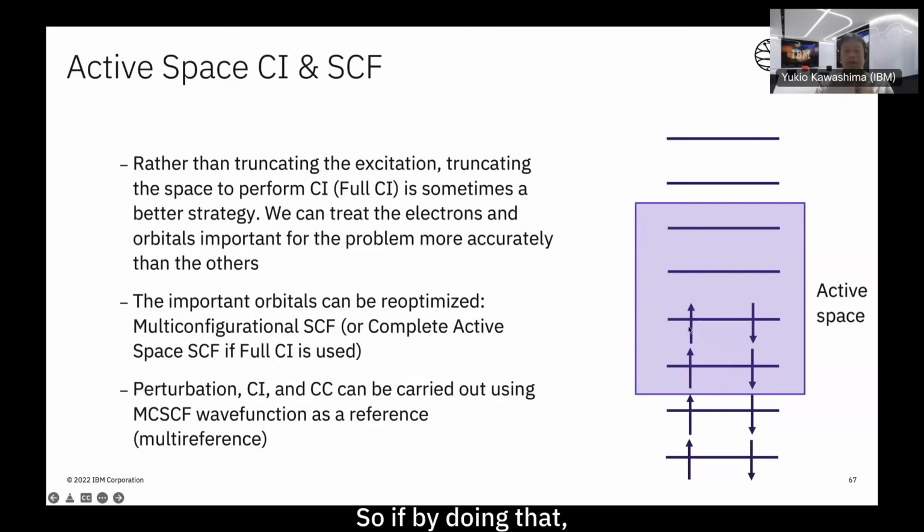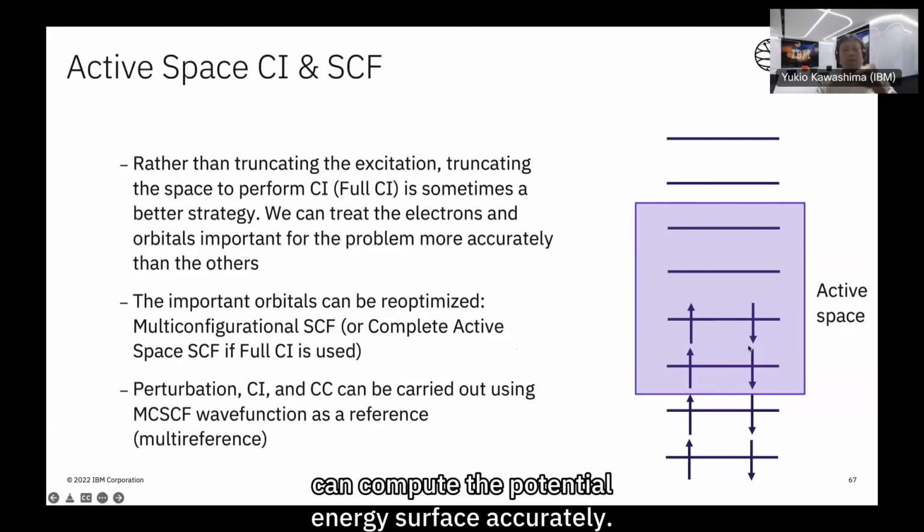If you do that, you get a smooth and nice potential energy surface or curve, even for a difficult problem such as multi-bond dissociation, which is usually hard to tackle. CAS-SCF could compute the potential energy surface accurately.